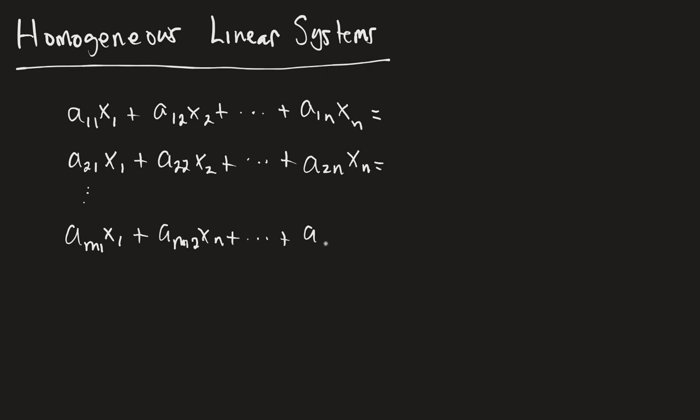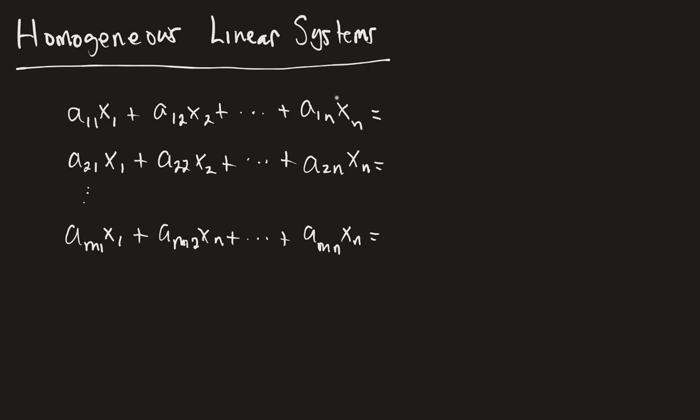In fact, it's what happens on the right hand side that distinguishes a homogeneous linear system. When we defined our linear system first, all the a's could be any real numbers, and the b's could be any real numbers.